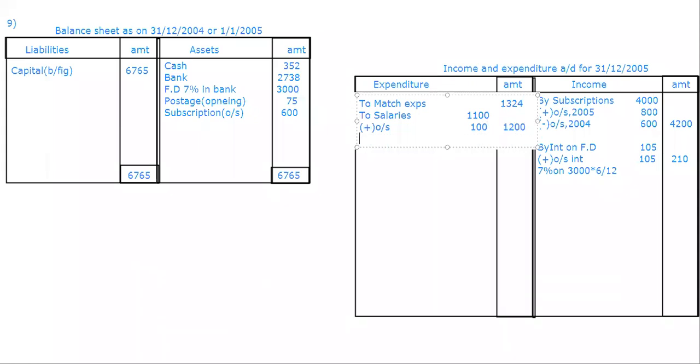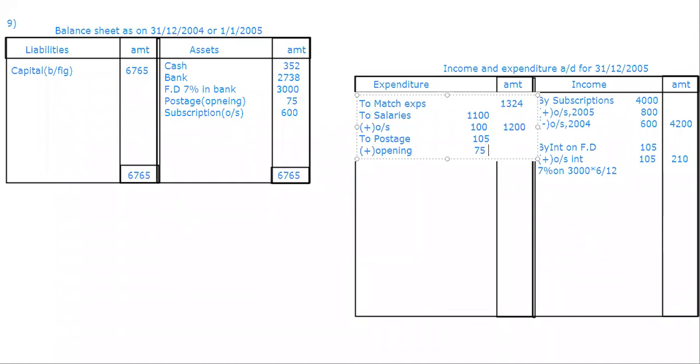After match expenses and salaries, next comes postage. For postage he gave an adjustment, both opening and closing. The way he gave, we have to take in the same manner. The postage he has given is 105. To this, opening we will add. Which he gave in the adjustment, opening 75, I'm going to add here.